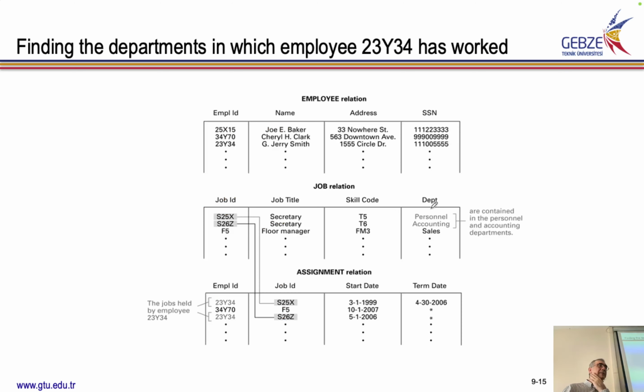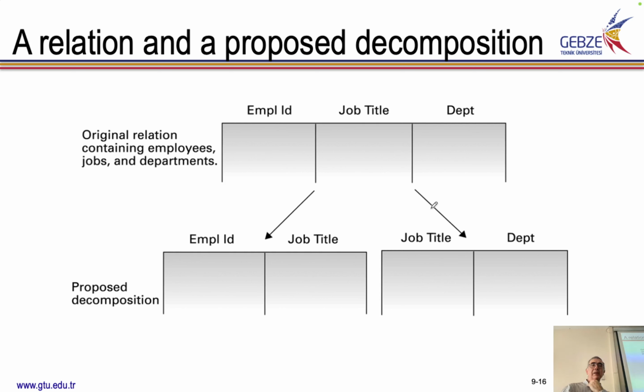This is what I explained. So, employee ID, job title, department. This is what we call decomposition and database normalization. There are different ways of doing it, theoretical ways of doing it.